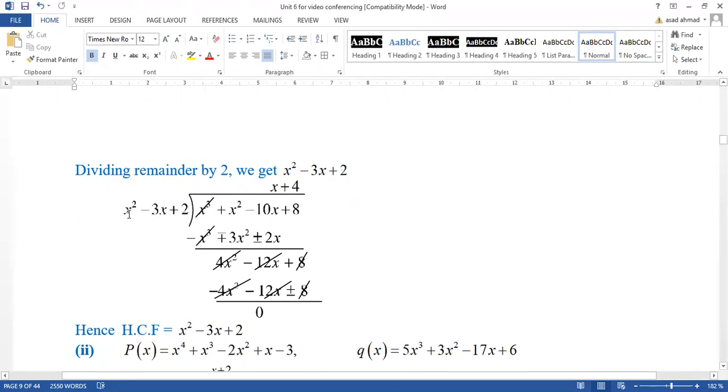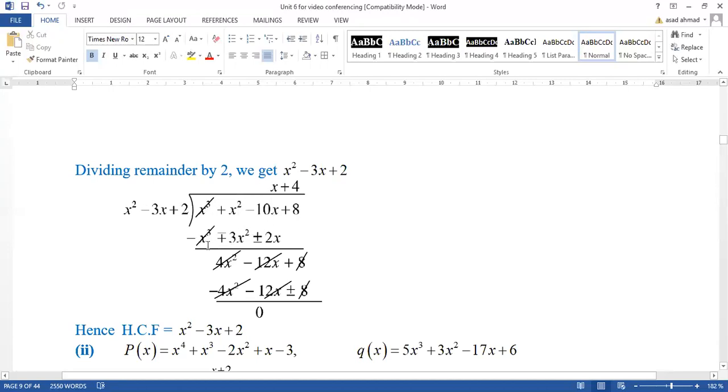So if you want to make x square into x to power 3, you will have to multiply it by x. And this x will be multiplied with all these 3 terms, and it will become x to power 3 minus 3x square plus 2x. And as I told you earlier, you have to write the terms which are of the same power. Terms of x raised to power 3 will be in one alignment, and x raised to power 1 will be in one alignment.